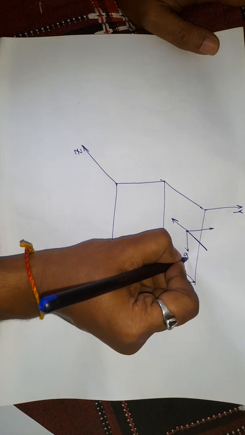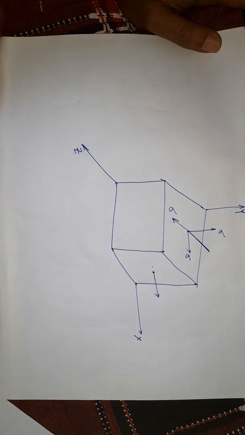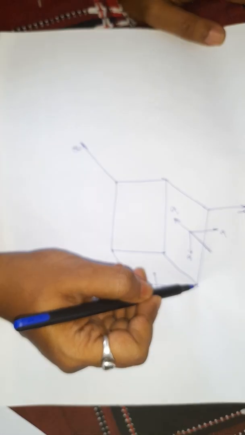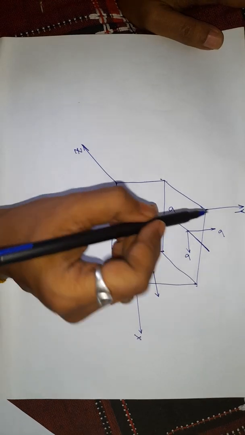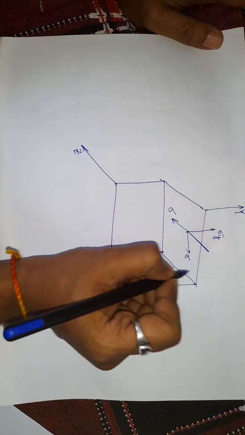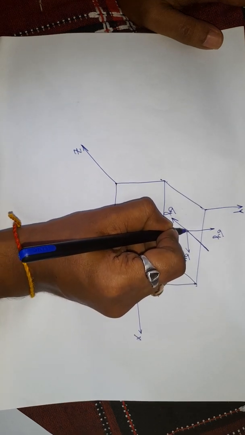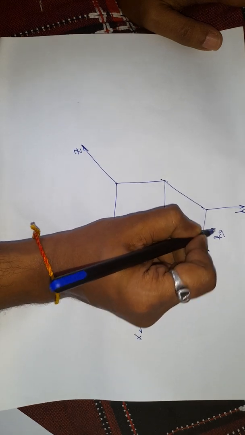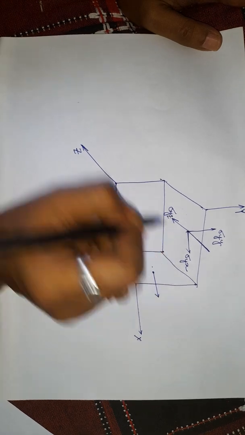What will be the first suffix here? Just imagine you are considering this plane. On this plane, what is the normal direction? The normal to this plane is y. So the first suffix will be y. Now if the direction of the force is along the x-axis, it is sigma yx. If along y, sigma yy. And if along z, it is sigma yz.